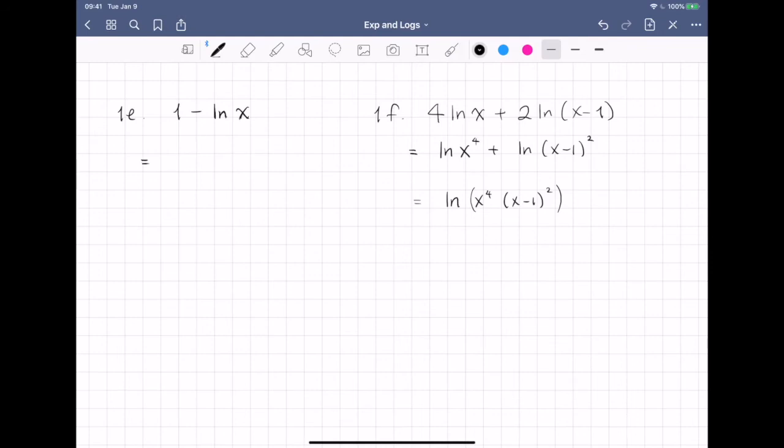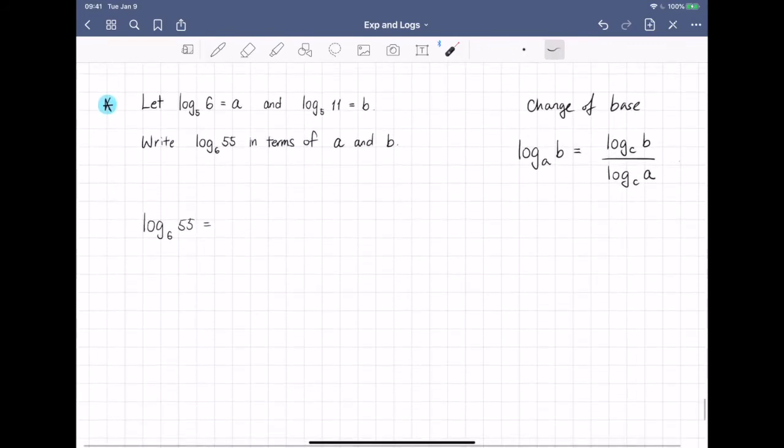So I can write 1 as natural log of e. Because remember, natural log of x is log base e of x. So if I write natural log of e, that's 1. And then I can write this as natural log of x, and I get natural log of e over x. There you go.